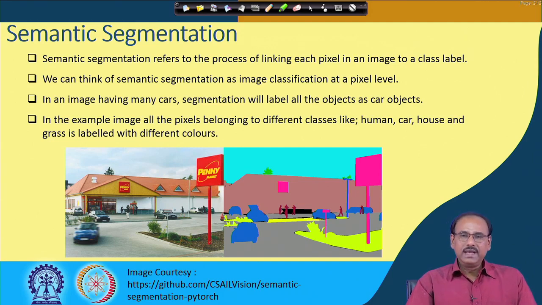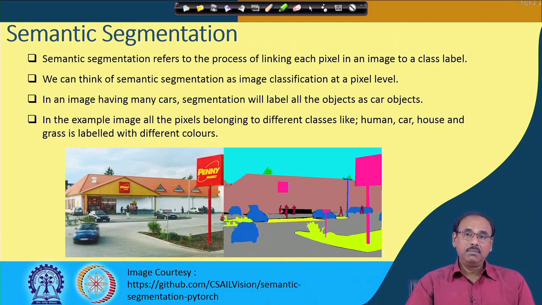So, in case of semantic segmentation, it simply associates a pixel within the image to a particular class. It simply says whether a pixel belongs to a car, a person, a building, or a signboard, and all that. But it does not differentiate.